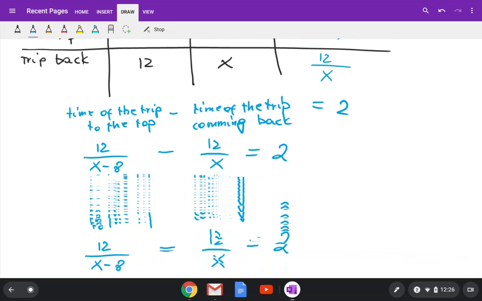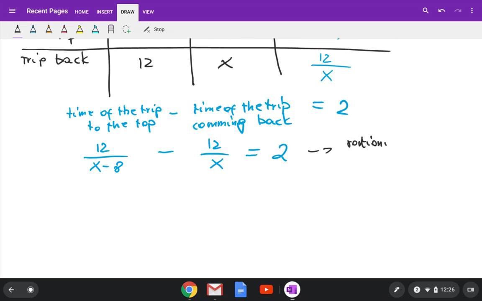So how are we going to solve it? This is not a proportion. To be able to solve it, this is a rational equation, so you can't use cross multiplication. You need to get a common denominator.